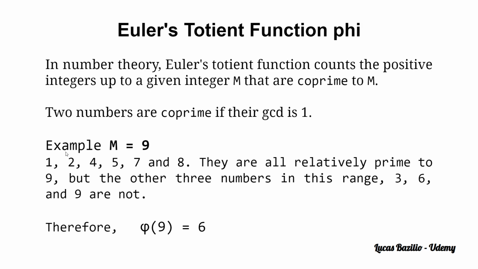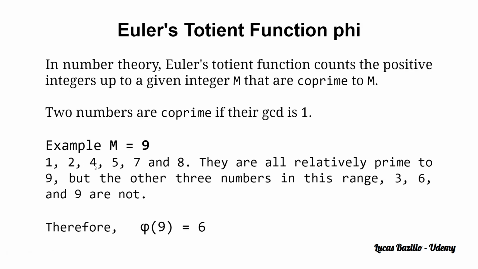Let's see an example. What if the argument m is 9? We have to count how many numbers from 1 to 9 are coprime to 9. For instance, 1 and 9 are coprime because the greatest common divisor between 1 and 9 is 1. In the same way, 2 and 9 are coprime because their greatest common divisor is 1.